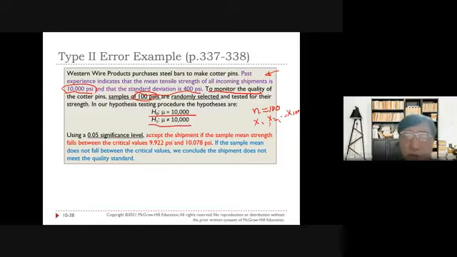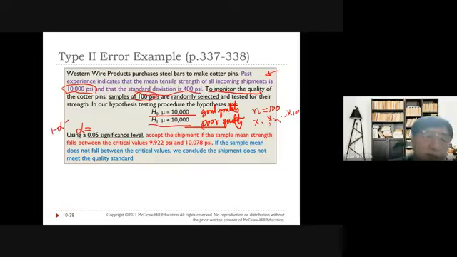The alpha is 0.05, the 5% significance level, and 1 minus alpha is the confidence level, 95%. Accept the shipment if the sample mean strength is between the limits. For example, we calculate the Z value, and if it is between minus Z star and Z star, then H0 is accepted.